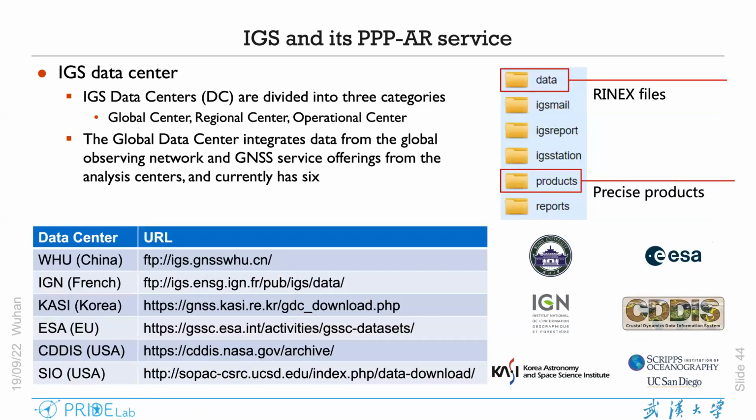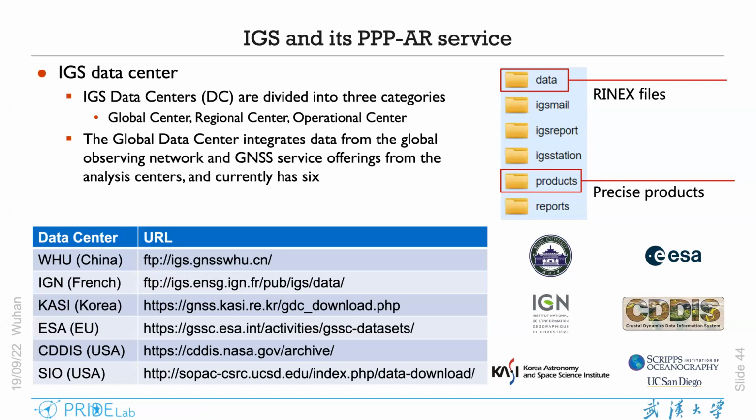This is the introduction about the IGS data center, which we may be familiar with. Whenever we want to use some example data, we always go to the IGS data center to download it free of charge, and we can do some analysis. We can test our software.